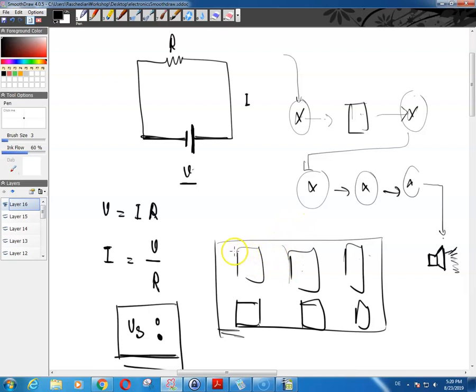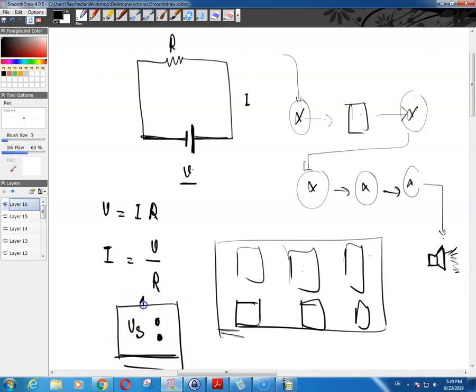Now there are different ways to regulate voltage. Suppose that you have this V of S over here.